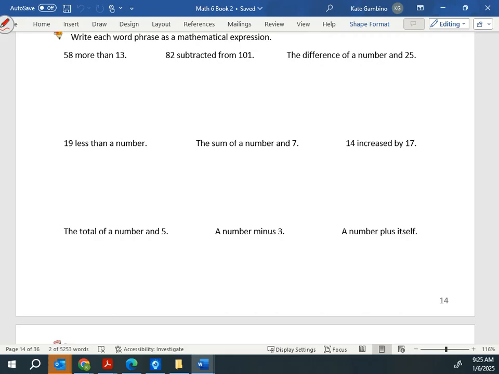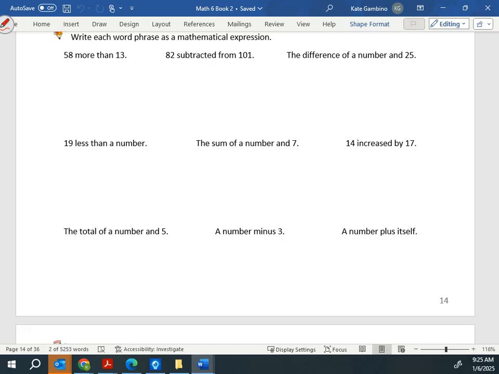So we're going to take those words and we're going to put them into our numbers. Are we going to equal anything? No, remember we said equations have the equal sign. For an expression, there's no equaling. We don't have to do the math. Right? We're just writing the expression.